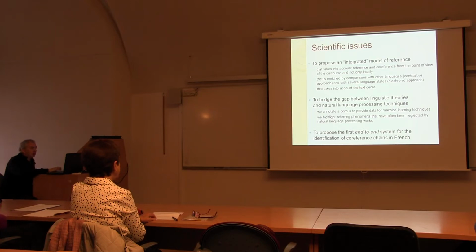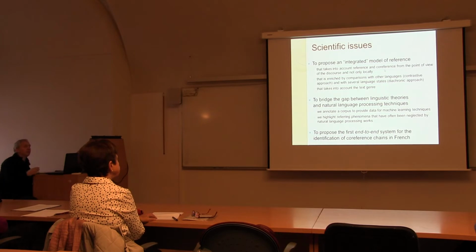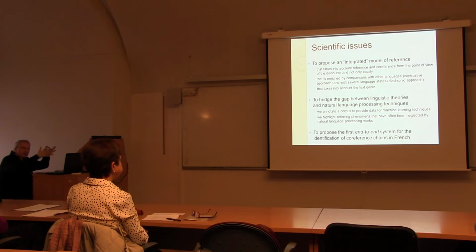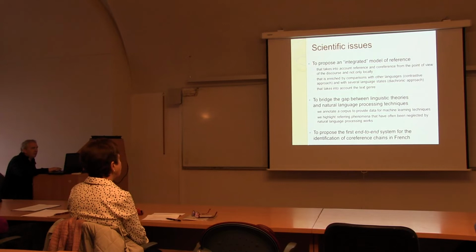Okay, so the scientific issue for the Democrat project is to propose an integrated model of reference that takes into account reference and coreference from the point of view of the discourse and not only of the local sentence or phenomenon, that is enriched by comparisons, if possible, because it's time to spend on that, with other languages.